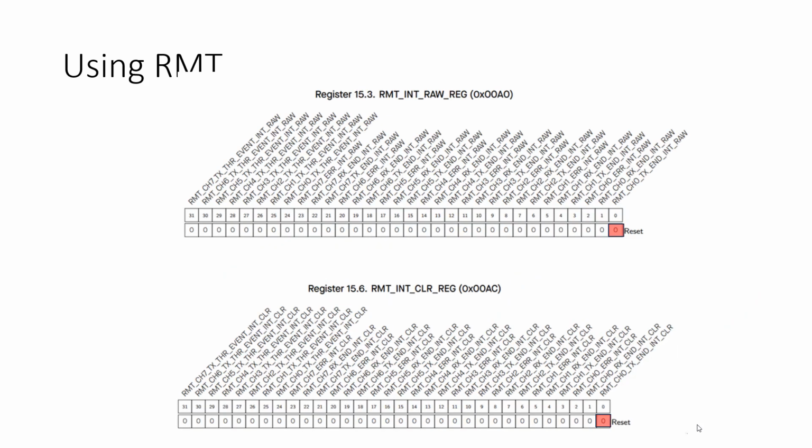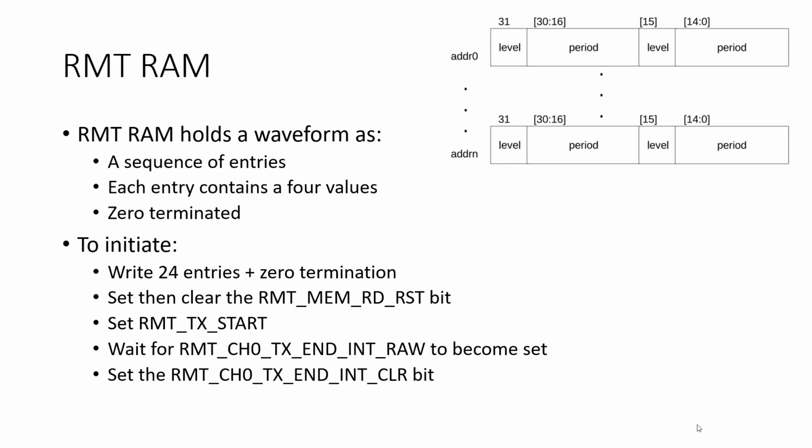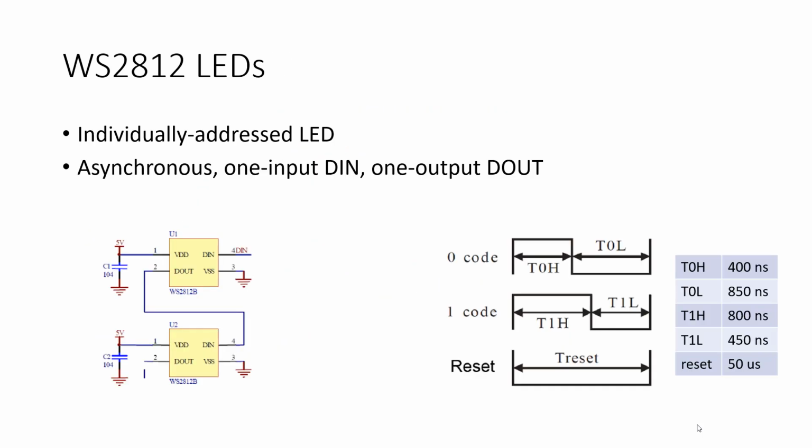Okay, and then finally, the only other thing you need to know is when it's done. Because how long is it going to take to do all that? Well, let's see here. If you look at this waveform, to send a 0, you add 400 and 850, right?